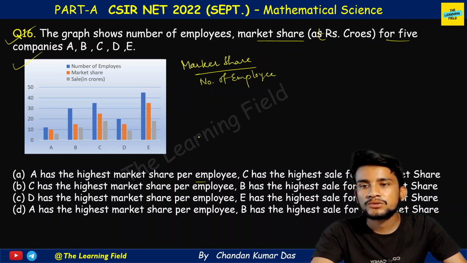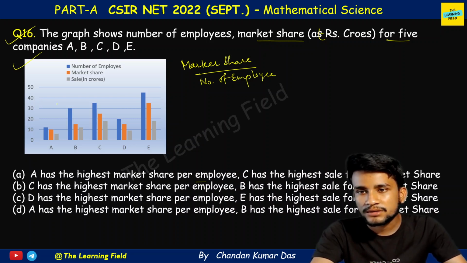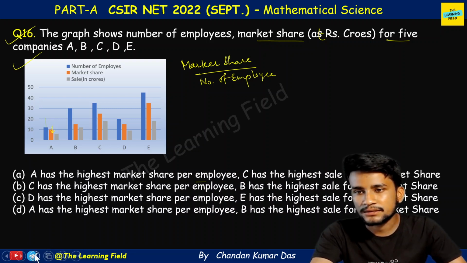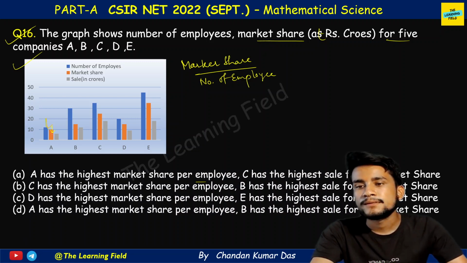Now, market share means which graph? This orange graph denotes the market share, and this blue graph shows the number of employees.